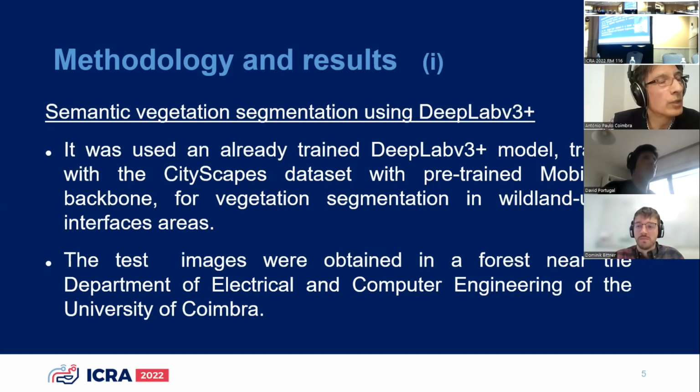So we hope, and we are working on that, that with the YOLO V5, we can achieve this kind of differentiation and localization of the cut and uncut vegetation, while the UGV is in the cutting mission.